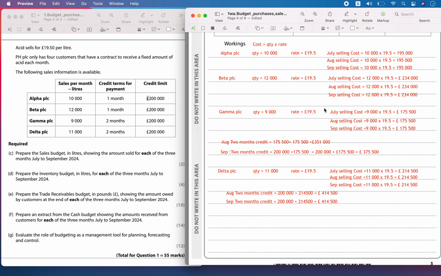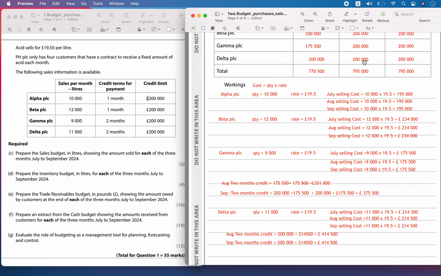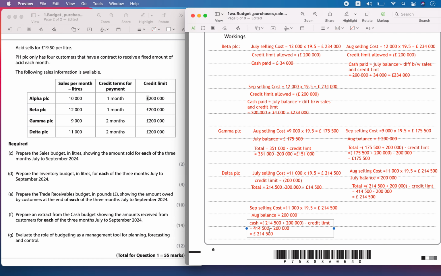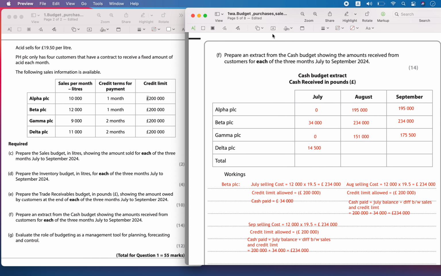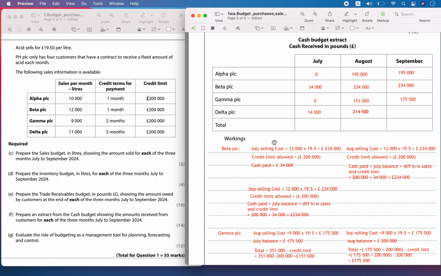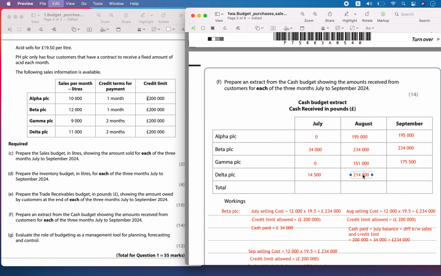So here also it will become the same, because for the month of August also they had to pay 200,000, and they had to also settle this 214,500. Out of that total settlement, 200,000 is allowed to remain in the books, but the rest they will have to settle by cash. So for the month of August, it was 214,500 that needs to be paid with cash. Even for the month of September, it will be the same amount.